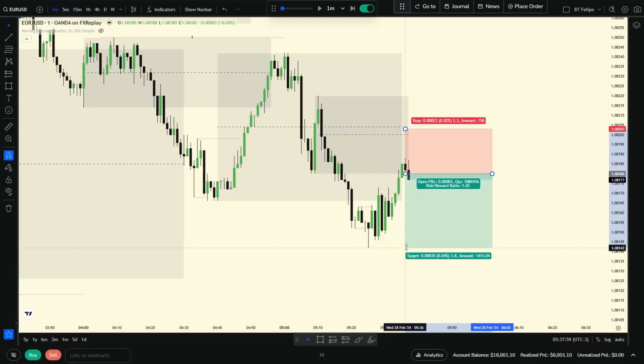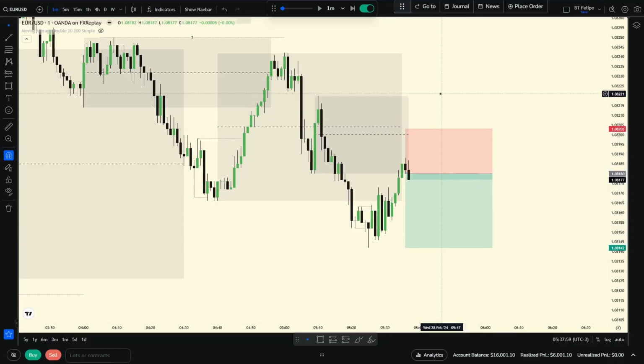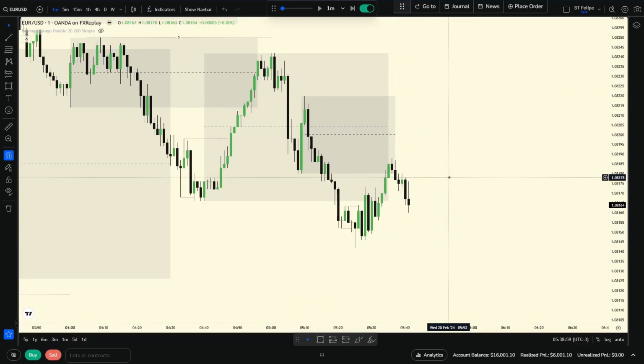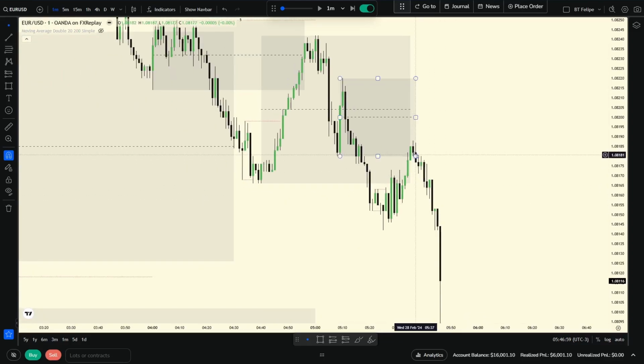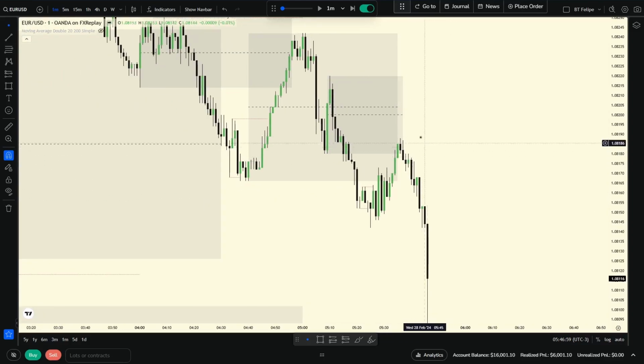Maybe if I target here, but there's too much room for price to go up. It ended up just tapping the POI and coming down.